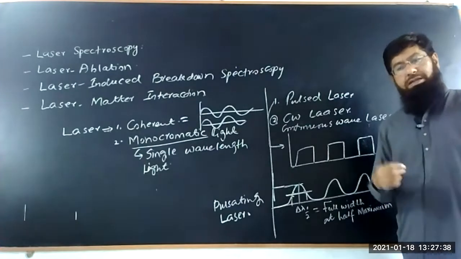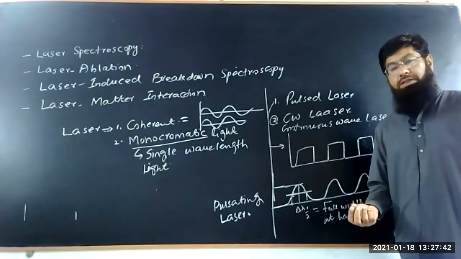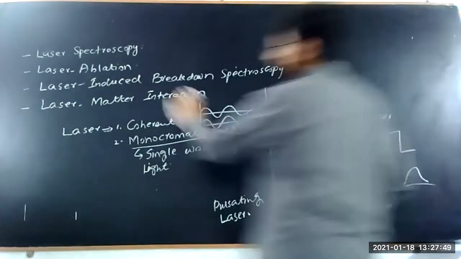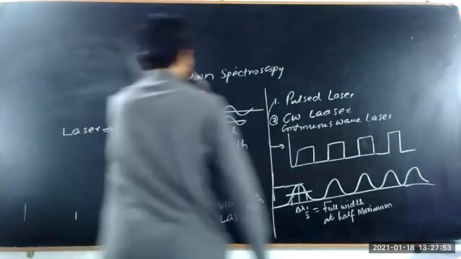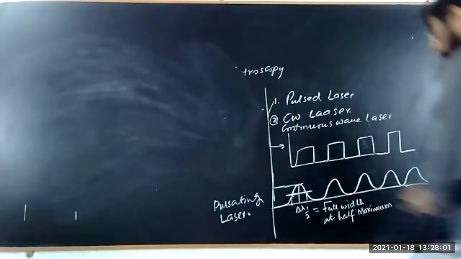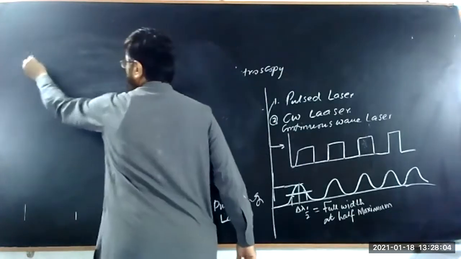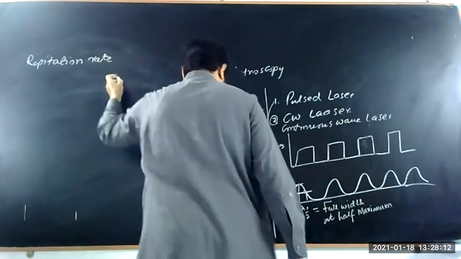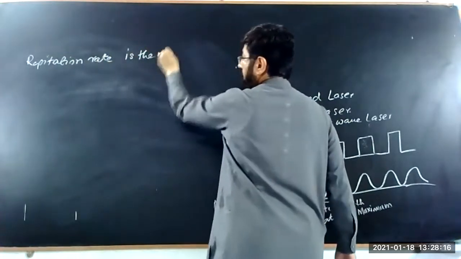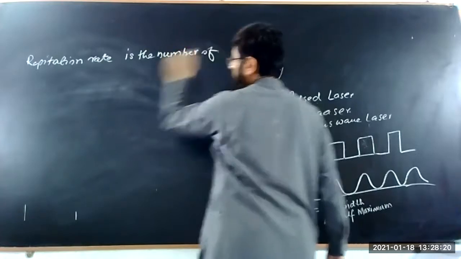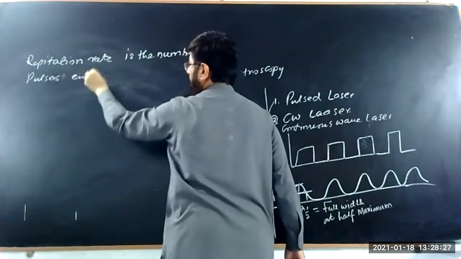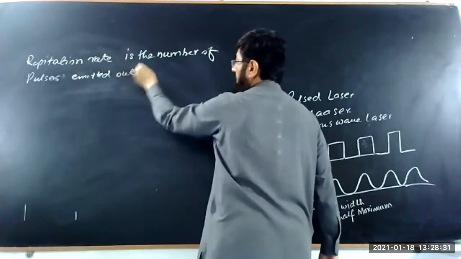Repetition rate is the number of pulses emitted per second.